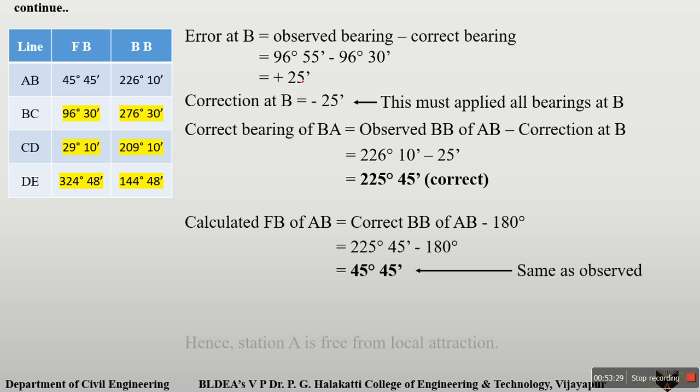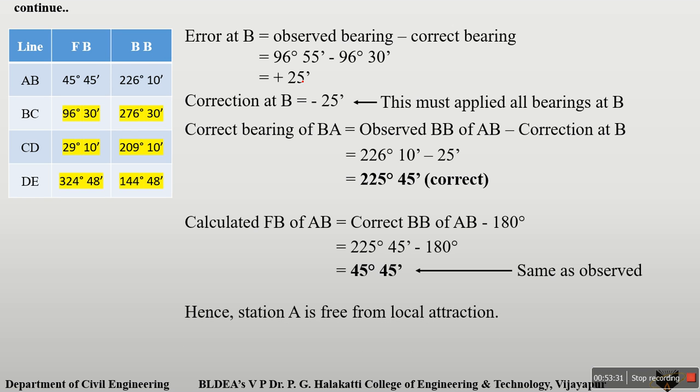Then you come to know that our station A is also free from local attraction. Initially we assumed that the line AB is not affected by local attraction, but at calculation time we are getting that station A is free from local attraction.